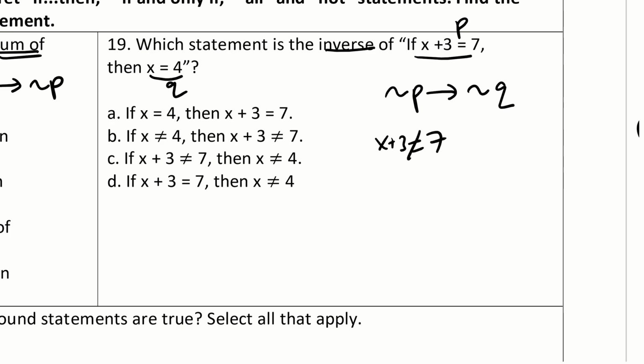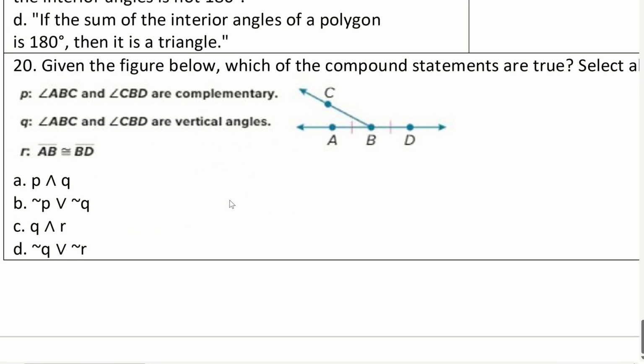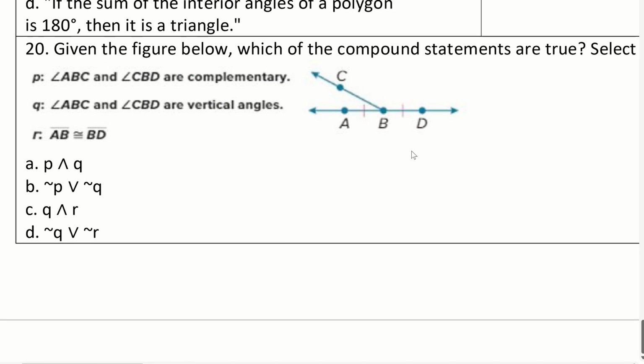Not equal to 7. And then not Q is x is not 4. Okay, so if x plus 3 is not 7, then x is not equal to 4. So that's the inverse. Okay. All right. Number 20, given the figure below, which of the compound statements are true? Select all that apply.